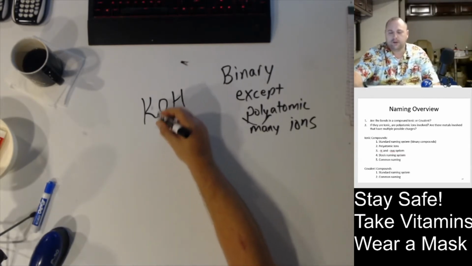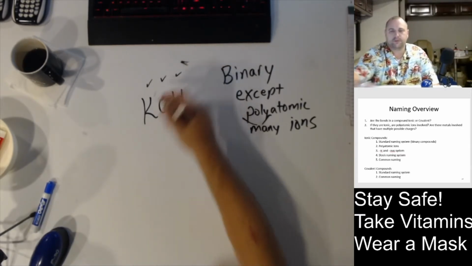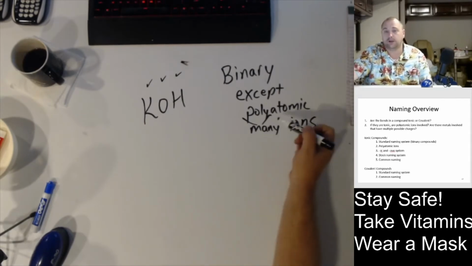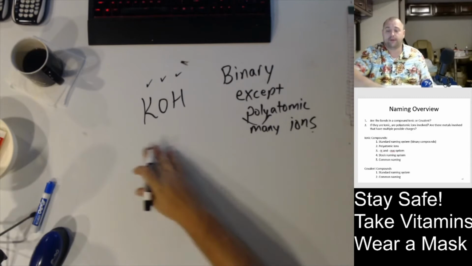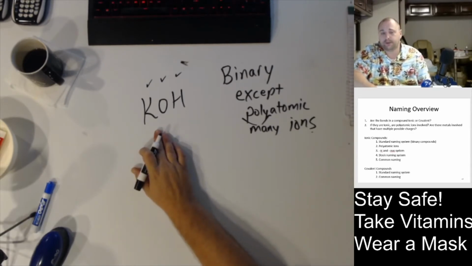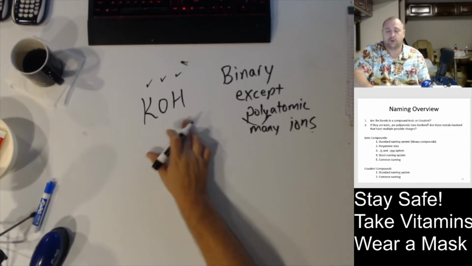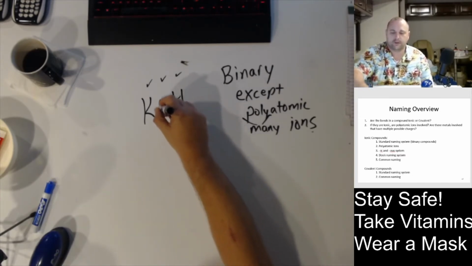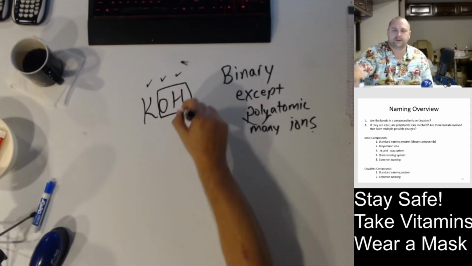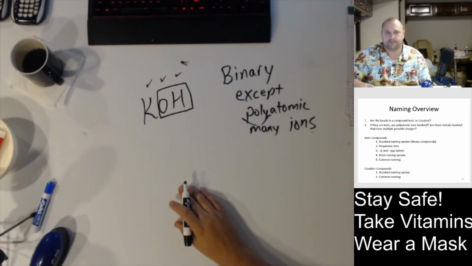So this is an ion, and you can catch all kinds of things here. So when I see 1, 2, 3 capital letters, I immediately know I have a polyatomic ion. It's going to be an ionic bond. But I have to identify what the polyatomic ion is. Is it KO? Is it OH? This is why having that list memorized really helps. I can see that this is a polyatomic ion.